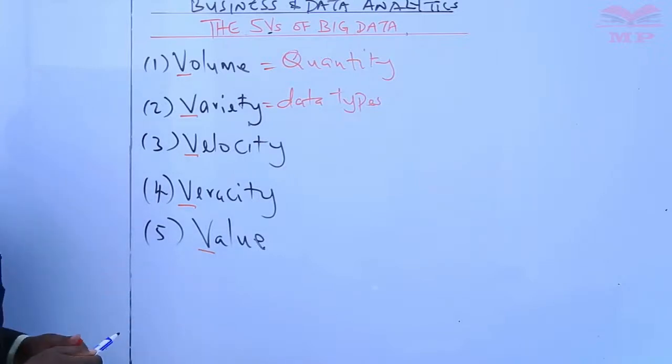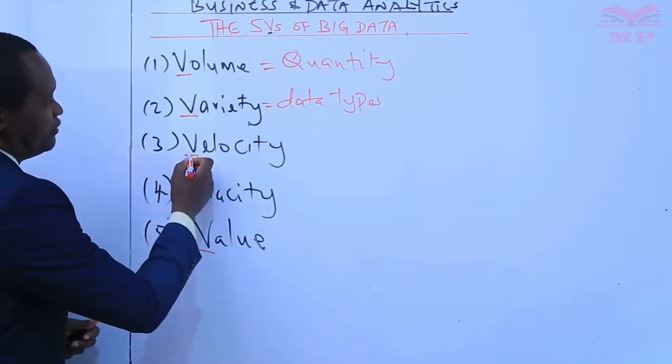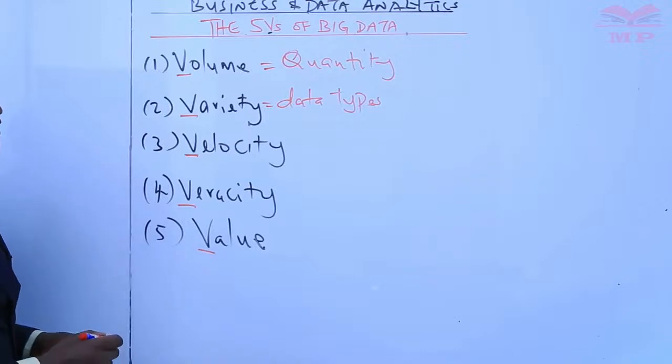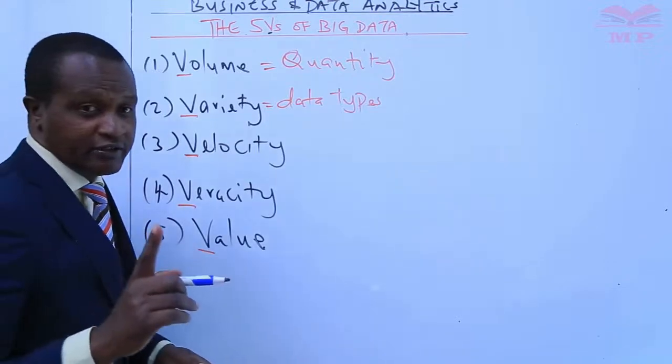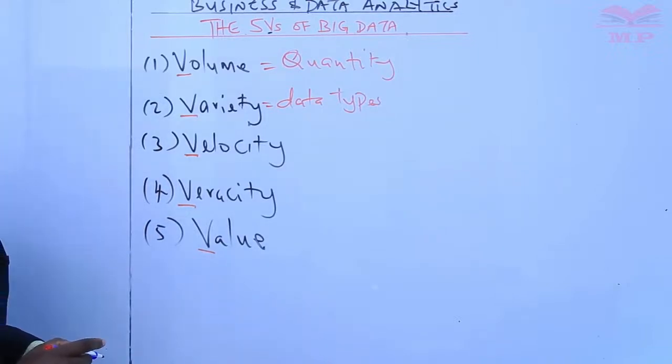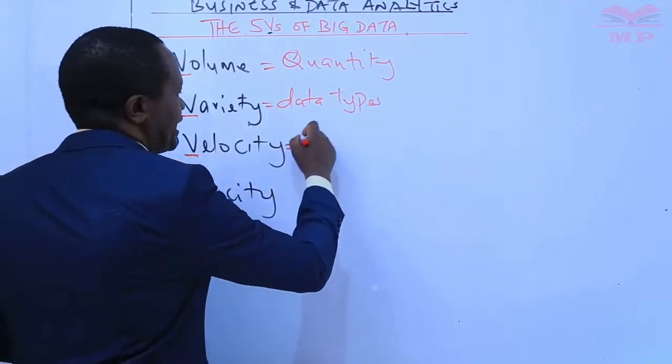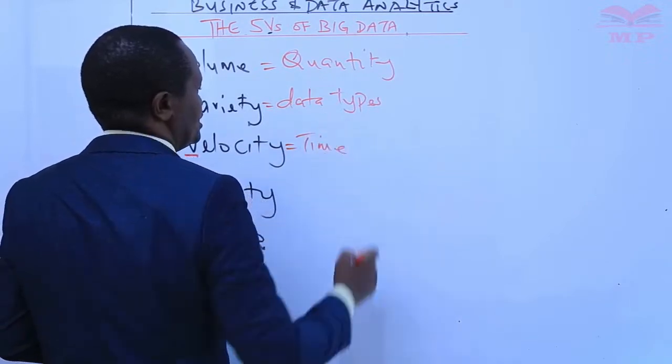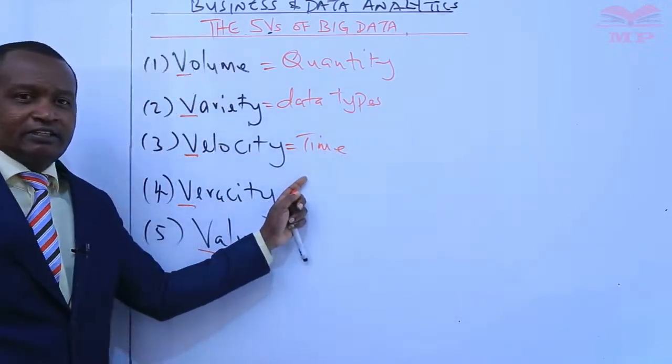Then thirdly, we have velocity as the third V of big data. Velocity refers to the time that is taken to process and analyze data.